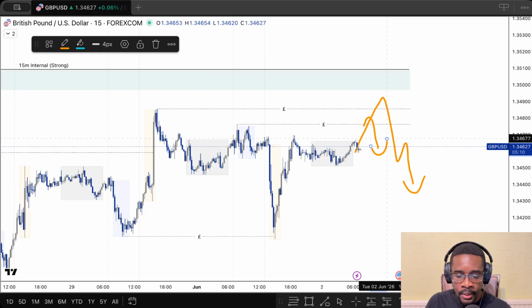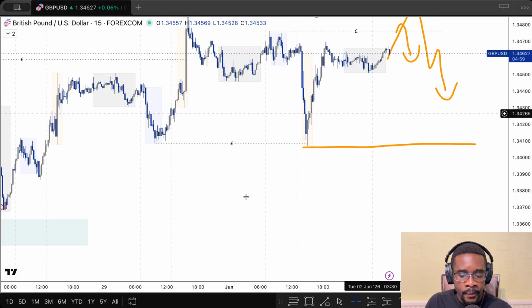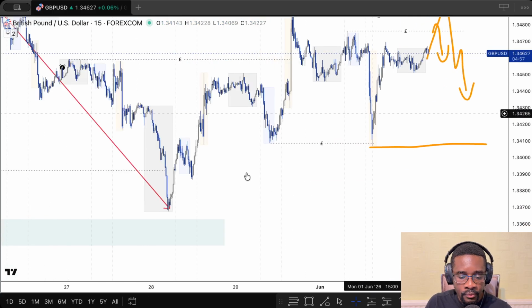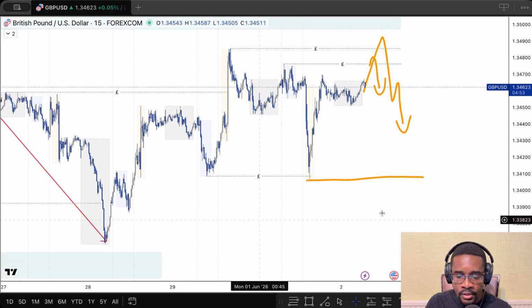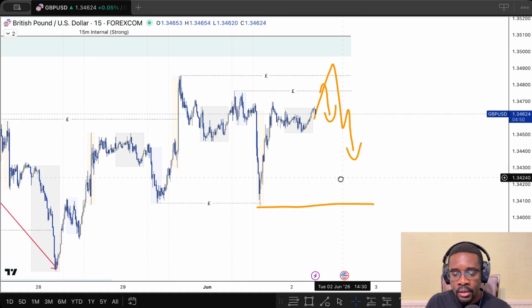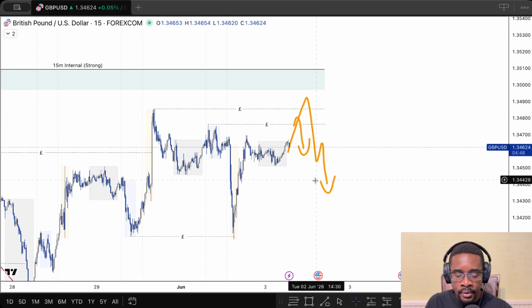If price just dumps from where it is, then maybe expect it to reach all the way down here, and possibly any of these areas at the bottom. Okay, so those will be my trade ideas, or at least that's what I'll be watching today.